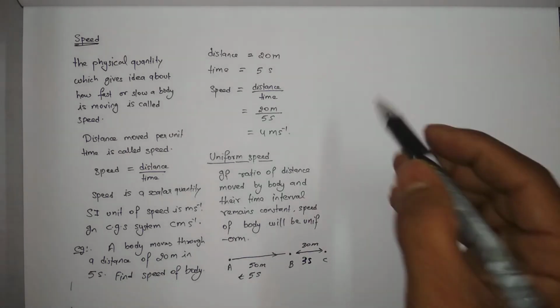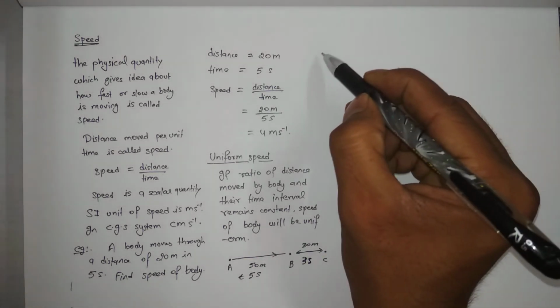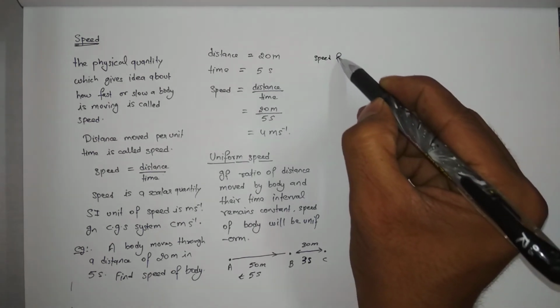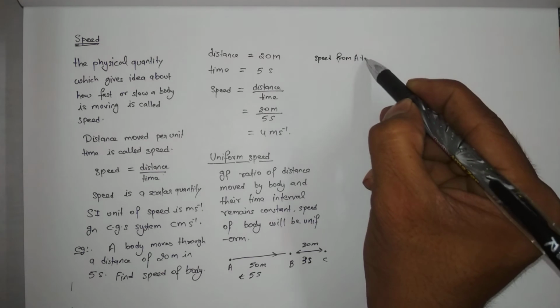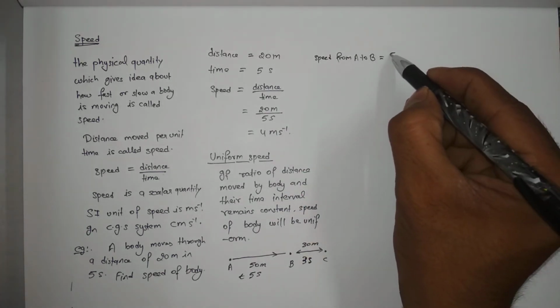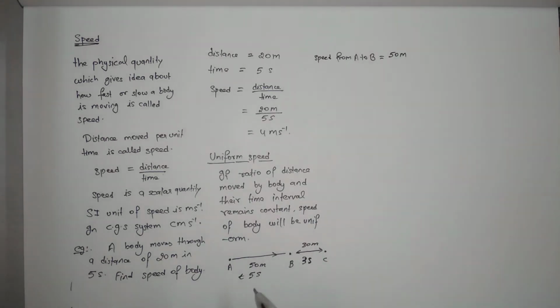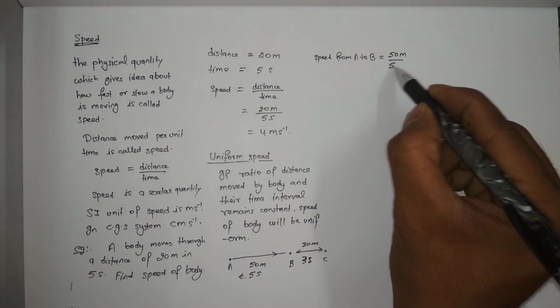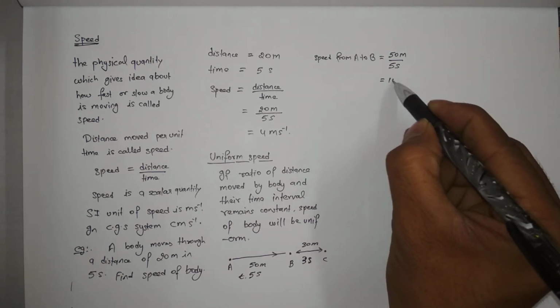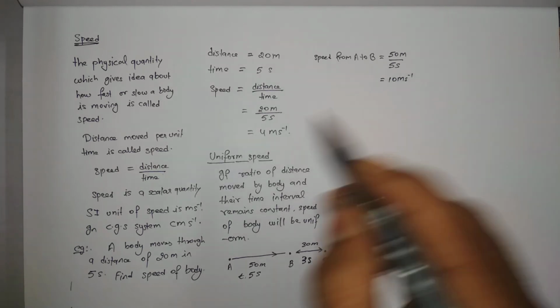Then speed from A to B is equals to distance of A to B, that is given as 50 meter, and time of A to B is 5 seconds. Result is 10 meter per second.